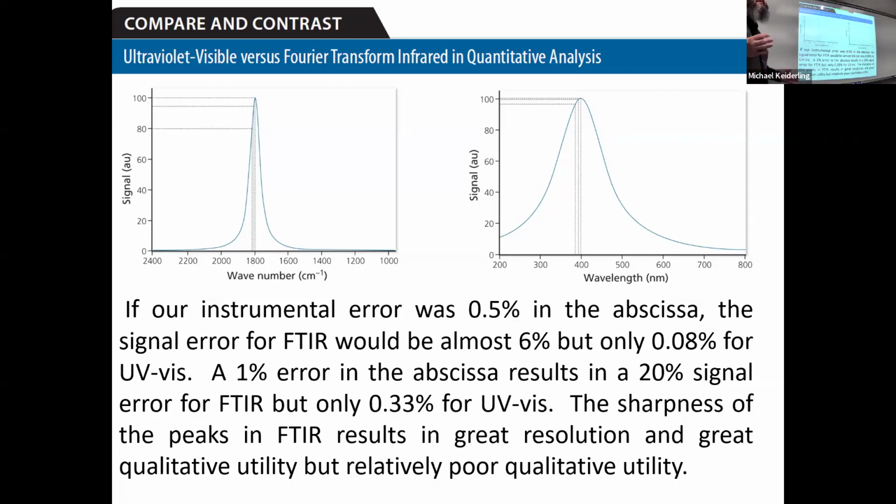It's just that a small error in frequency or wave number or wavelength, whatever, results in a much bigger error in magnitude. And a 1% error would give you a 20% signal error in FTIR, but only 0.33% for UV visible. The sharpness of the peaks in FTIR results in great resolution and great qualitative utility, but relatively poor quantitative utility. That's a typo.